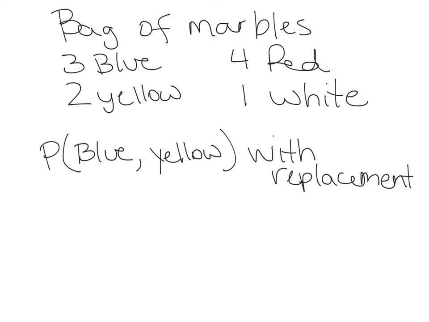So the probability of getting a blue one the first time: there's 3 blues in the bag, and there's a total of 10 marbles in the bag. So there's a probability of 3/10 of picking out a blue one the first time. Now we take that first marble and put it back in the bag. What's the probability now of picking out a yellow marble? It's going to be 2, because there's 2 yellow in the bag, and there's still 10 marbles in the bag.